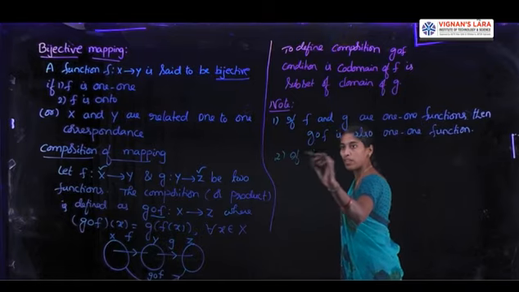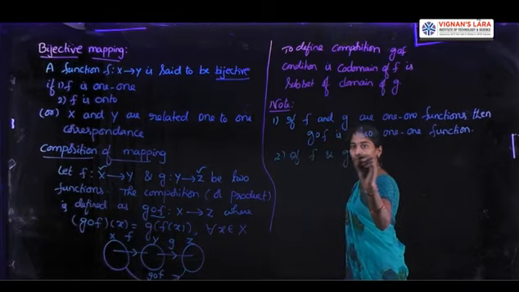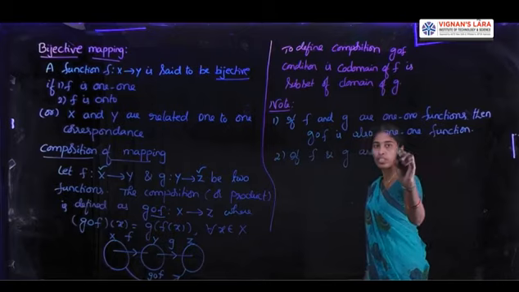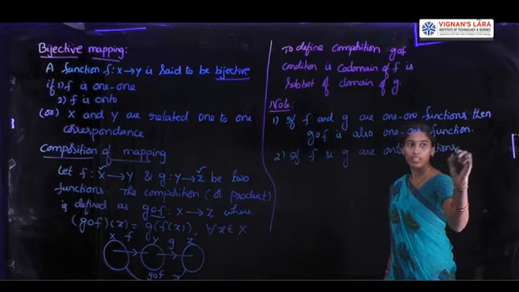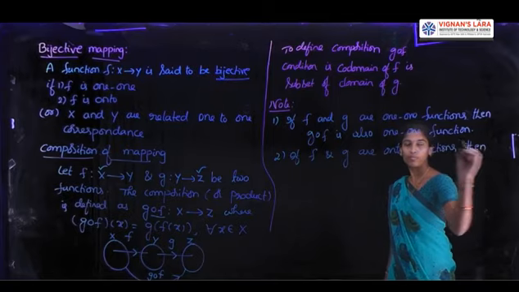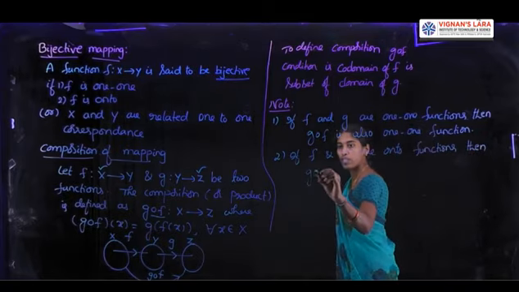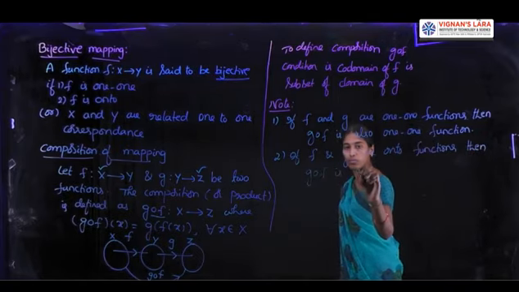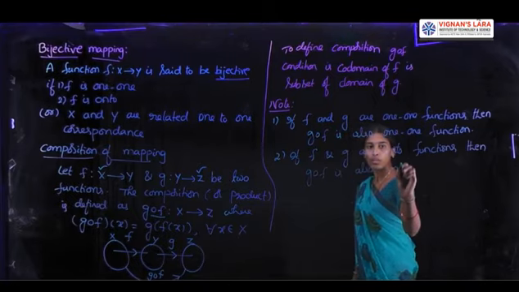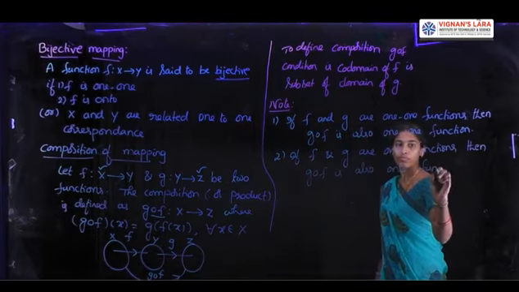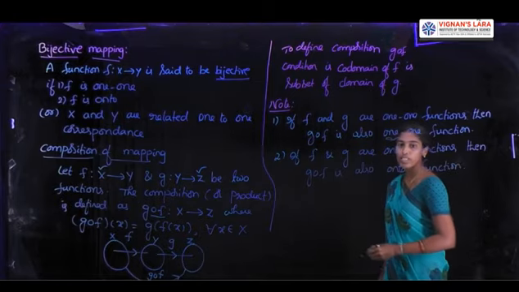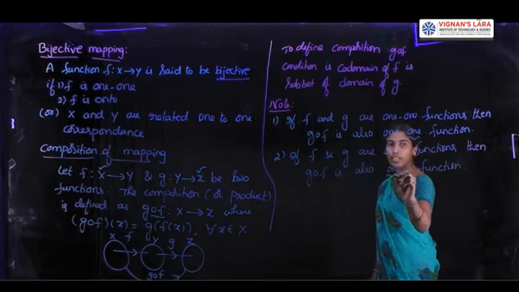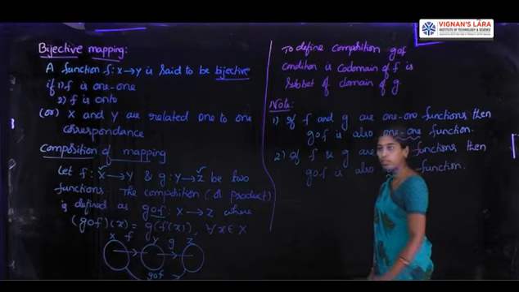If f and g are onto functions, then g circle f is also an onto function. The other name of one-one function is injective function. The other name of onto function is surjective function.